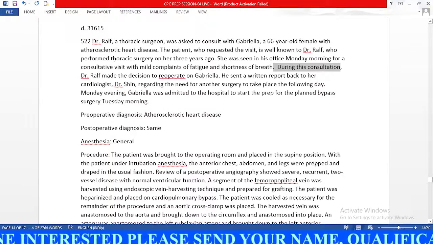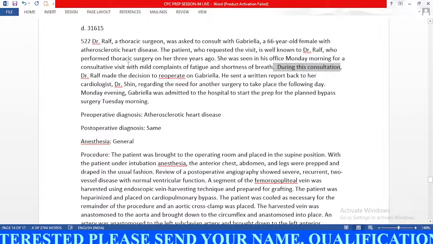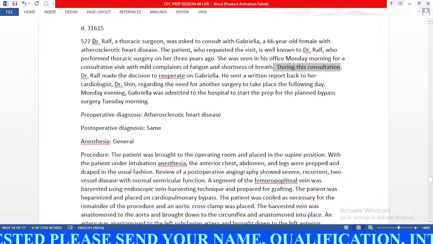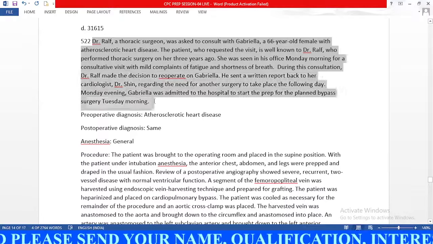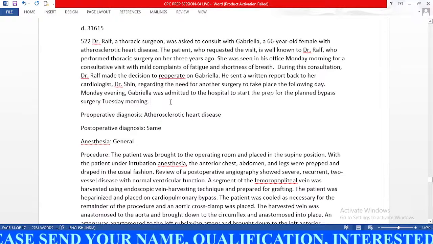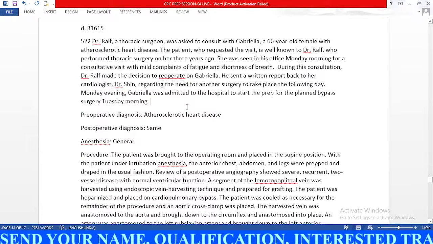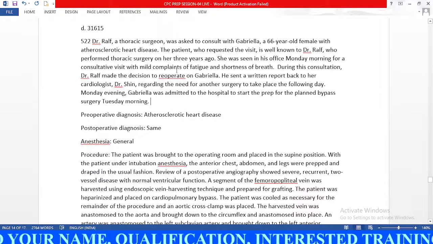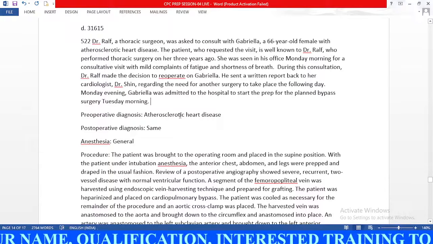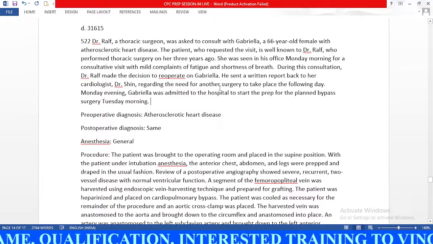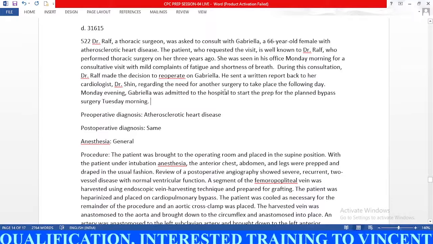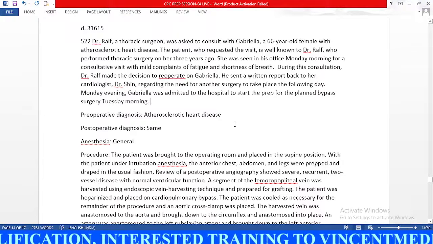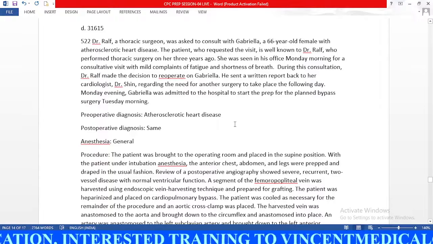So in order to code these things properly, you need to read this paragraph clearly and understand this, because CPT codes are based on descriptions only. Here you need to find what procedure the physician is going to do and whether the patient has any previous procedure performed or not.